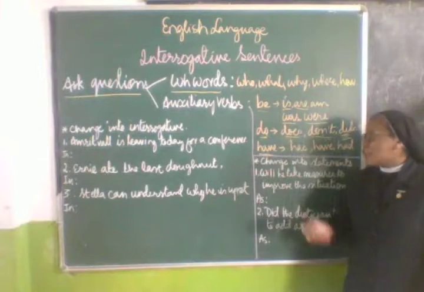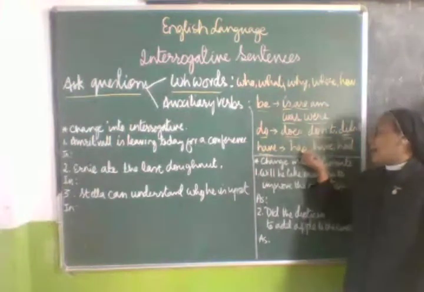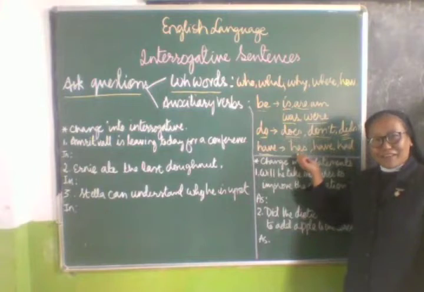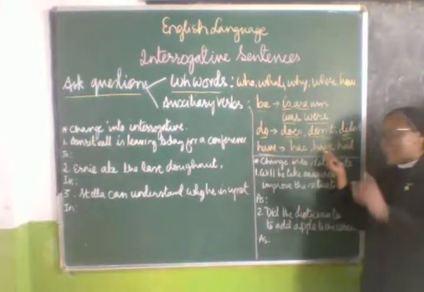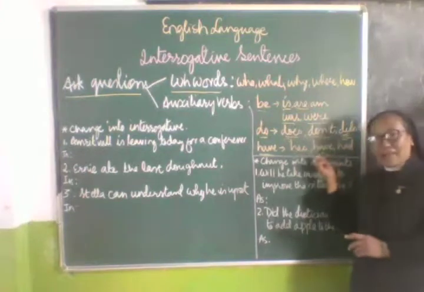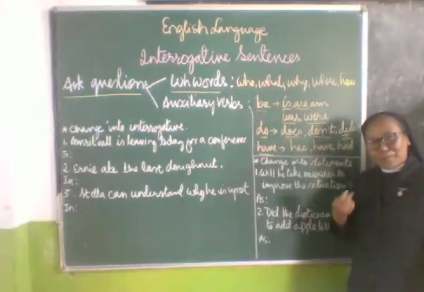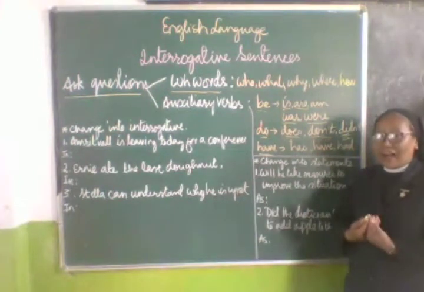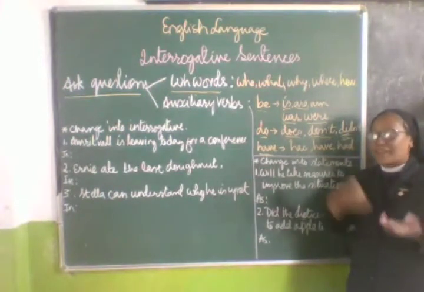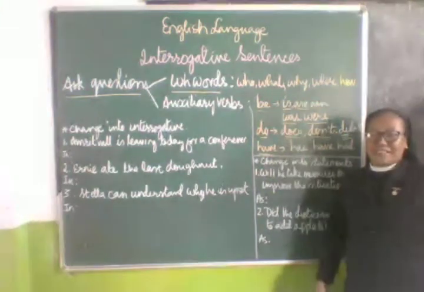All right, and then the have verb. Have form has either has or have. Has goes with the singular subject, and have goes with plural, or the first person. I have, you have, they have, teachers have, parents have.